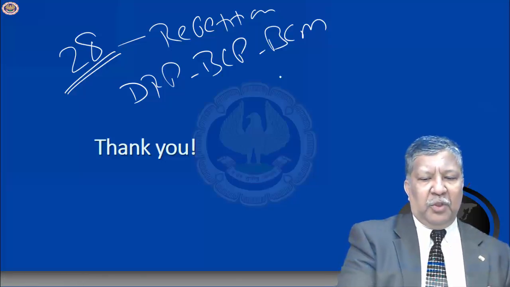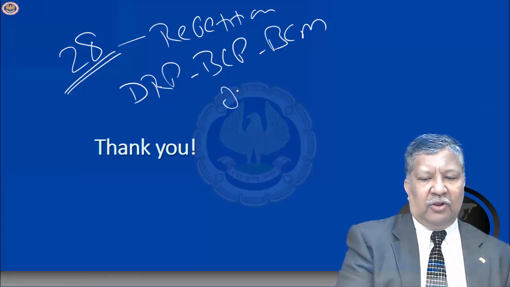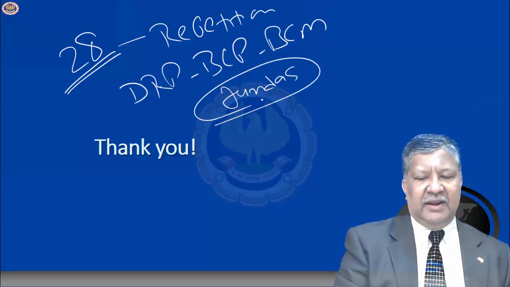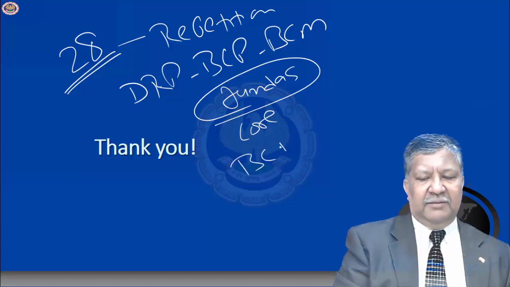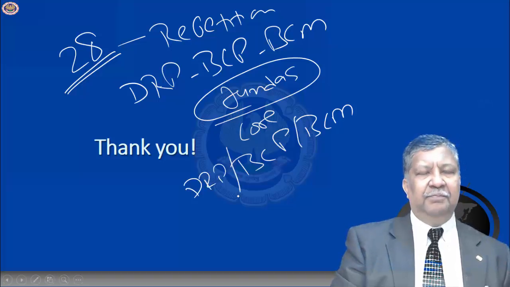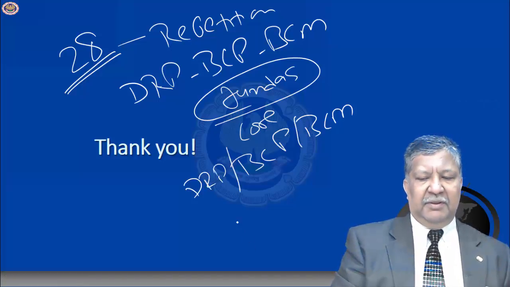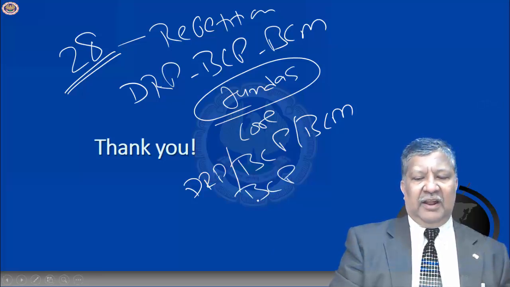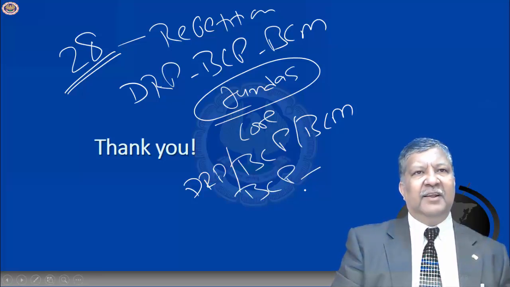But you should know the fundamental or core concepts, and you should be able to pick up the fundamentals. If you get the core concepts right, pertaining to BCP or BCM or DRP, whatever you call it, you should know very clearly the distinction between DRP, BCP, and BCM, the need for a business continuity plan for the organization, and fundamentally why a BCP is required.